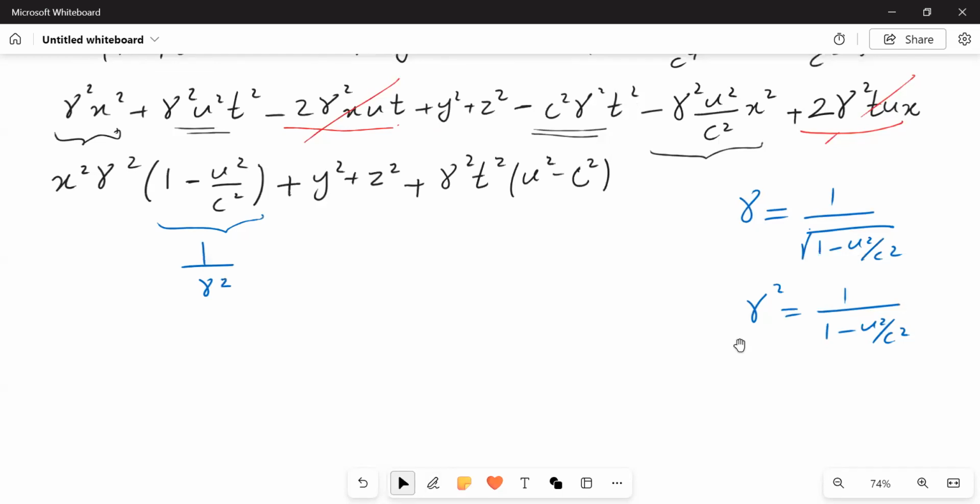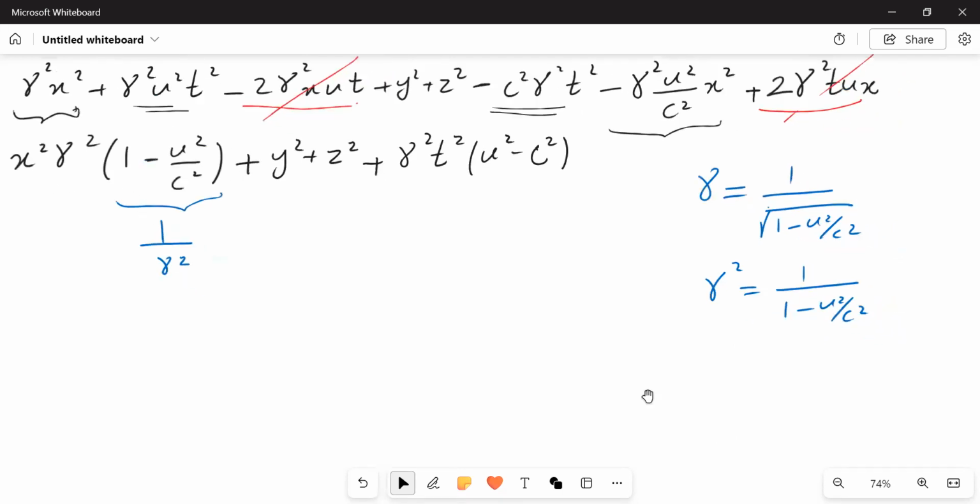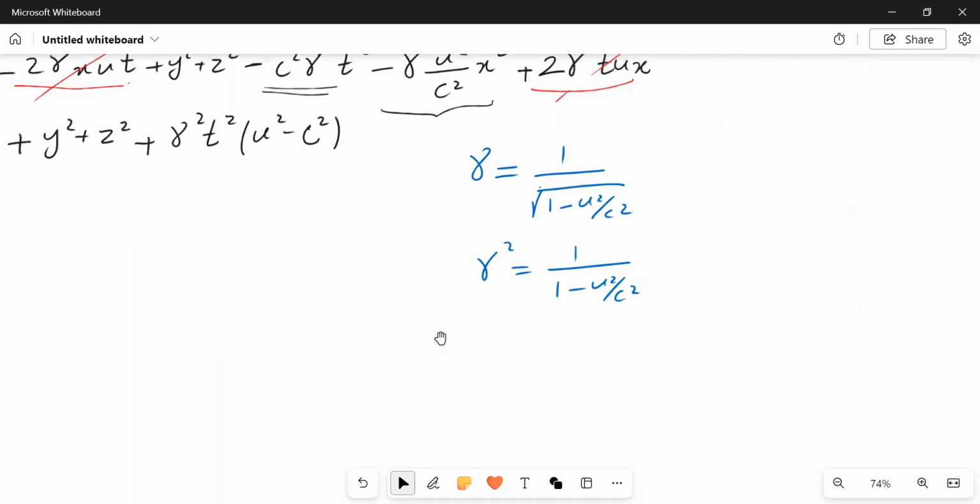On the other hand, here I see a u squared minus c squared. Let's see where I can get that from. So if I take this common denominator here, c squared, I have a c squared minus u squared here over 1.